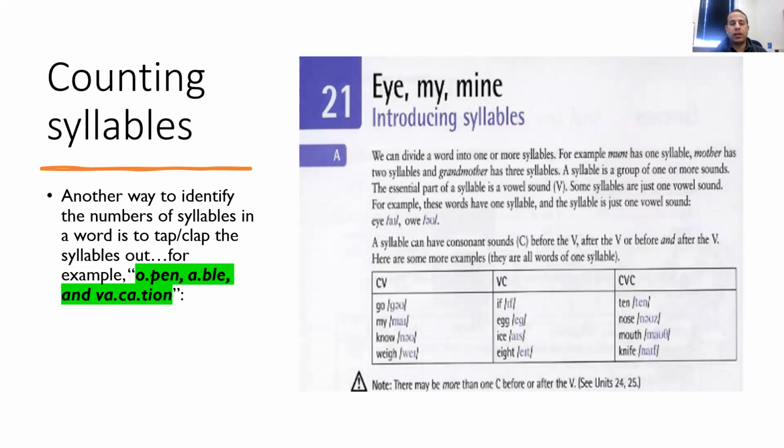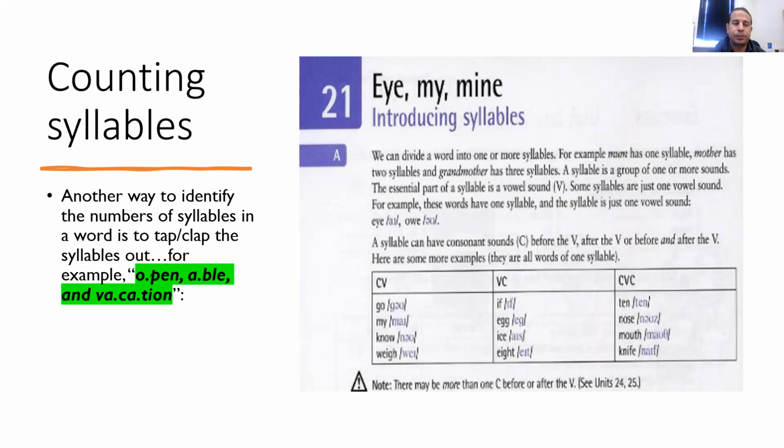So the problem is, how can we count syllables in English? One easy way of counting syllables is to count the vowels. Of course, there are some basic, simple ways of finding out how many syllables we have in English.